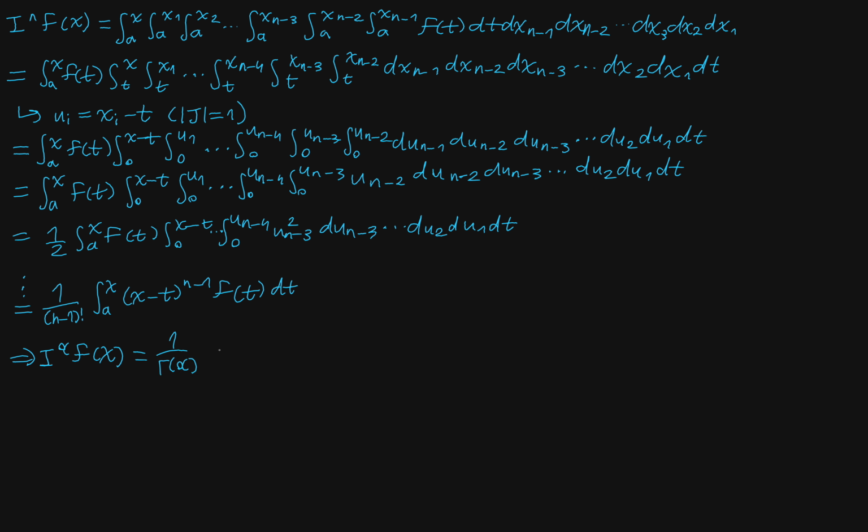So 1 over gamma of alpha, integral a to x, x minus t to the alpha minus 1 times f of t dt.